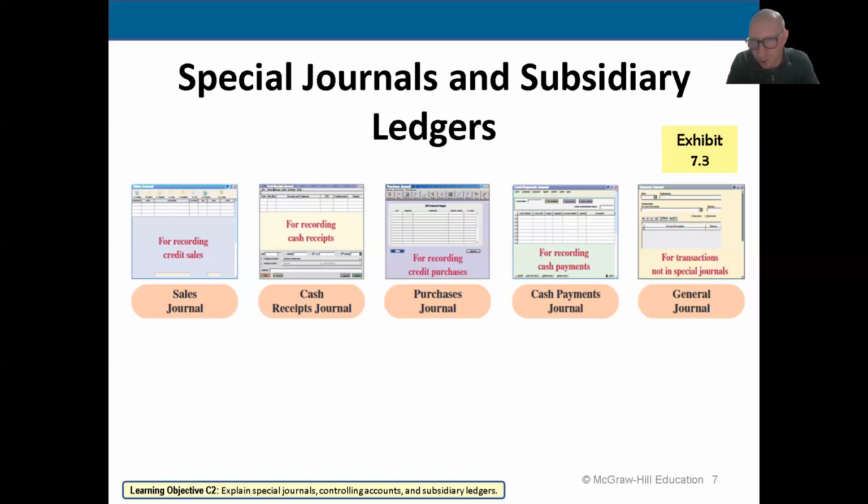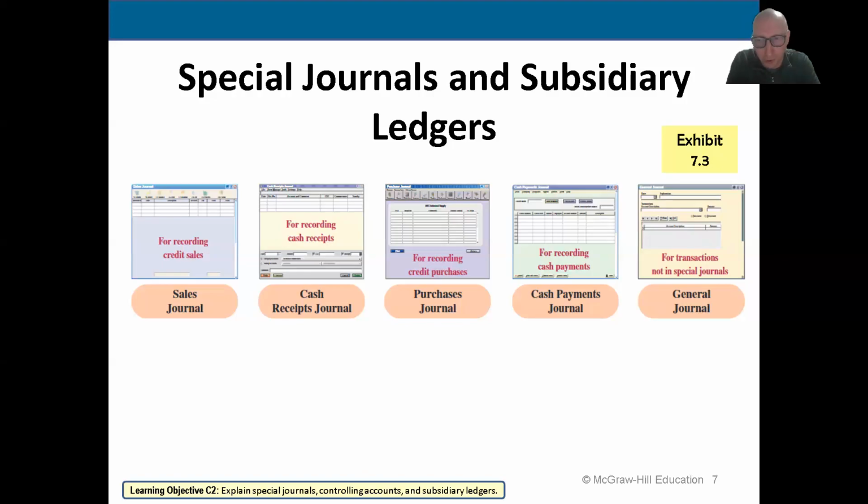We call that a general ledger. The general ledger tracks all of your transactions. Very easy. Within a general ledger, we have what's called special journals and subsidiary ledgers.